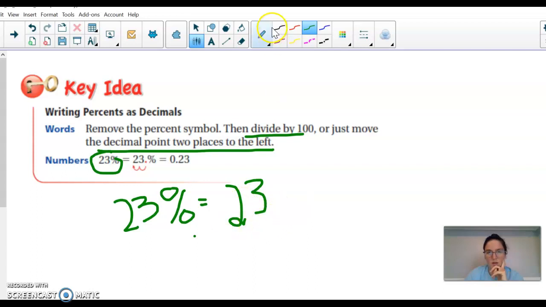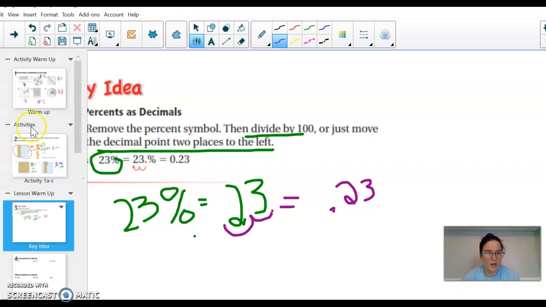So for 23, the decimal point would be right to the right of the 3. So all I would do is move the decimal point 2 places to the left, 1, 2, and then your decimal will be 0.23. So if you start with a percentage to make it into a decimal, all you do is move the decimal point 2 places to the left. So let's practice some.